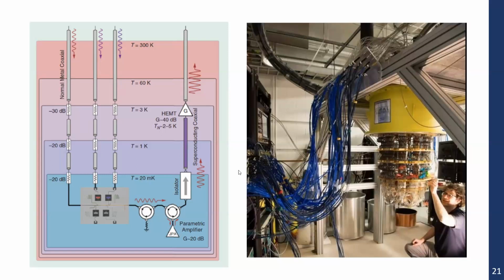So all this leads to a huge amount of coaxial cables, facility, equipment, etc. And even for a system with 50 qubits like this one, it's already like a mess. A lot of wires and a very complicated system. And we need a computer with 1,000 qubits or 1,000,000 qubits. So one can imagine what a mess it would be in that case.